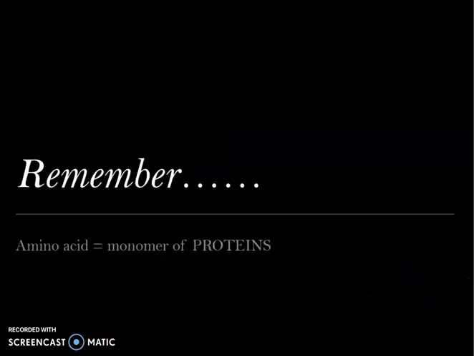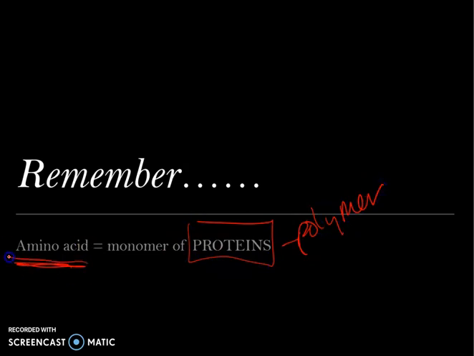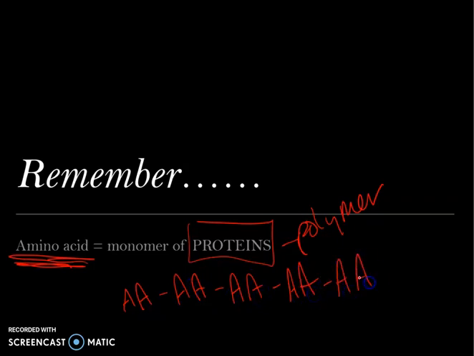Now, remember, amino acids are the monomers that make up proteins. Proteins are the polymer. And so I take lots of amino acids, I put them together into a polypeptide chain.